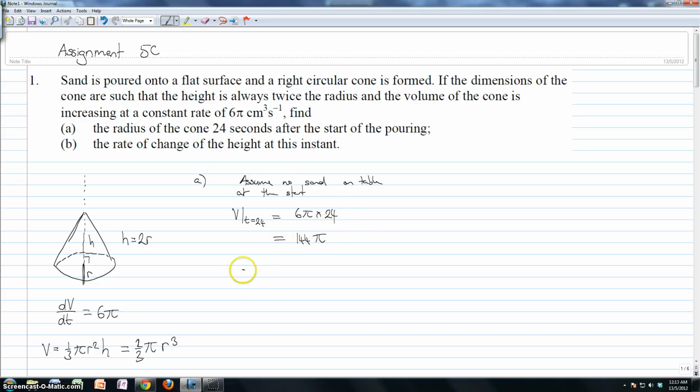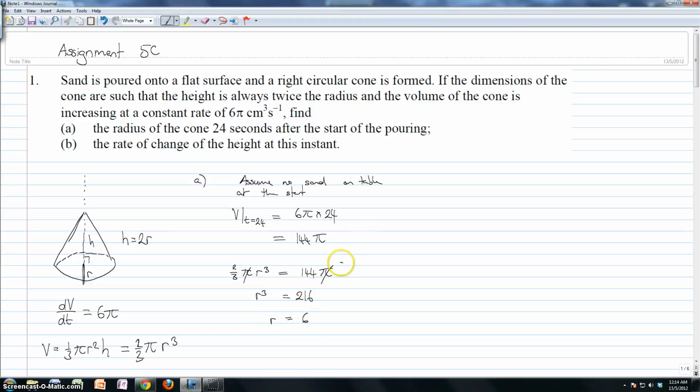The radius of the cone is then going to be, so we just use this formula down here, 2/3 pi r cubed is equal to 144 pi. So straight away our pi's cancel off. I multiply 144 by 3/2 and I get 216, so r cubed is equal to 216, and I take the cubic root of that, and I get r is equal to 6.